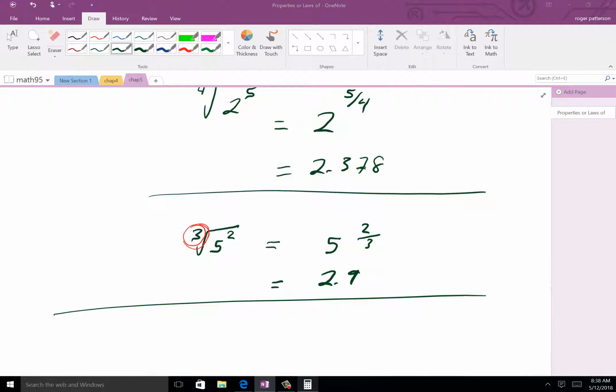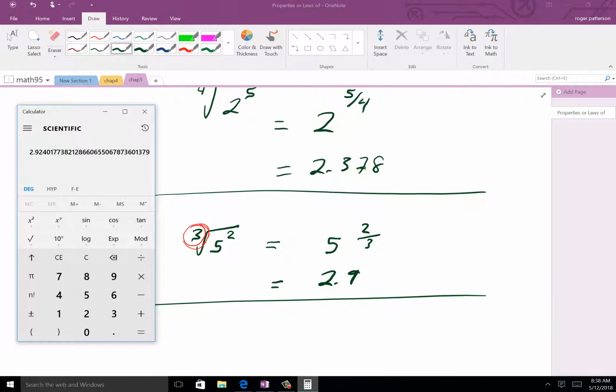They don't have the square root with a little n that allows you to input the root. So you have to write it as a fractional exponent.